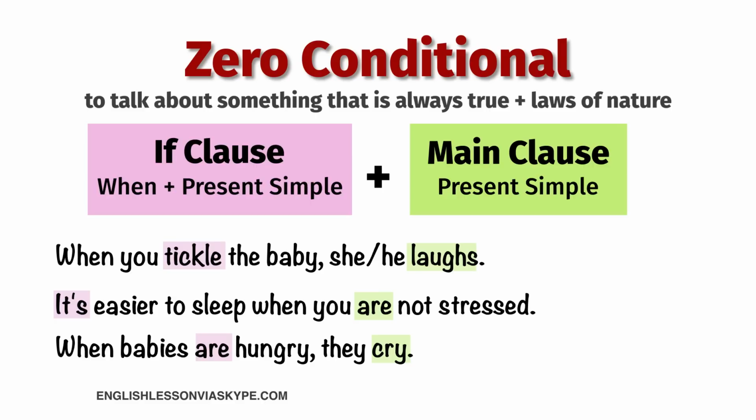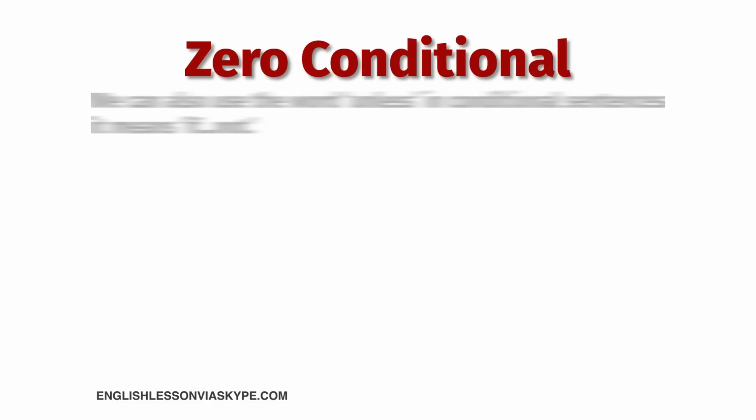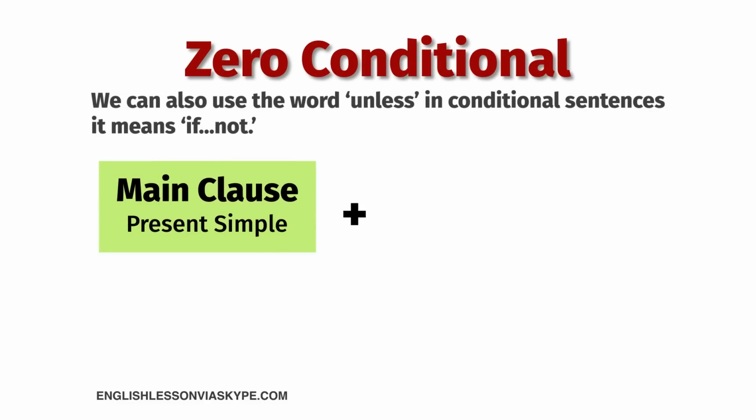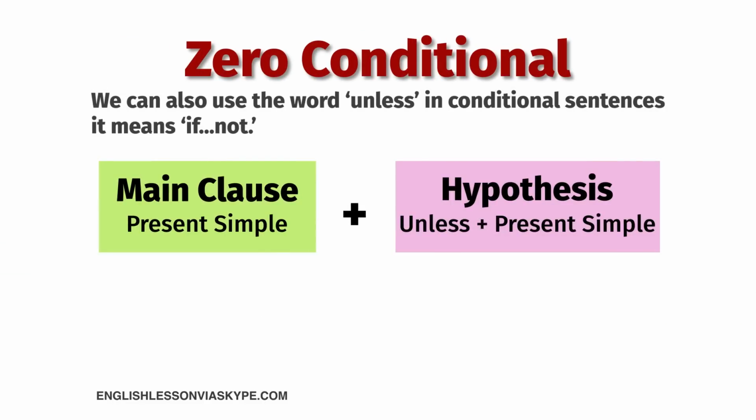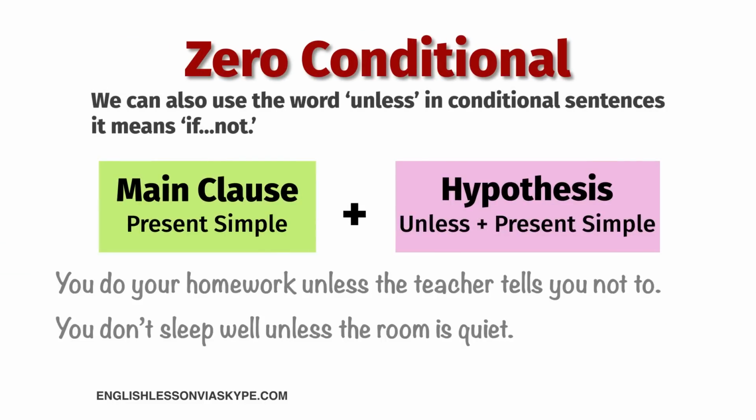When babies are hungry, they cry, generally. Okay, so again, zero conditional. Now we can replace if with unless, usually in a negative situation. Do your homework unless the teacher tells you not to. So all good examples, zero conditional.